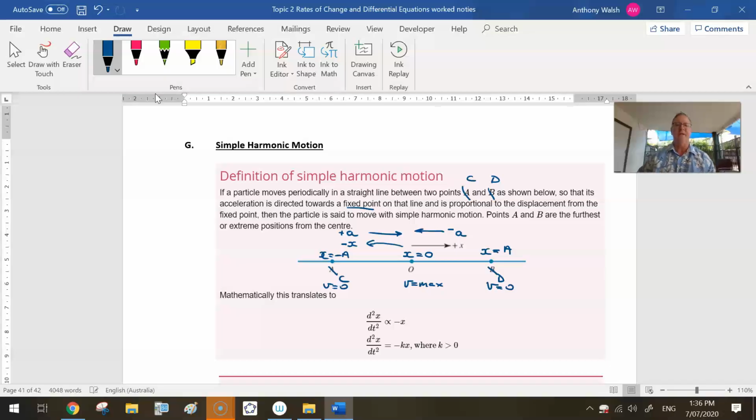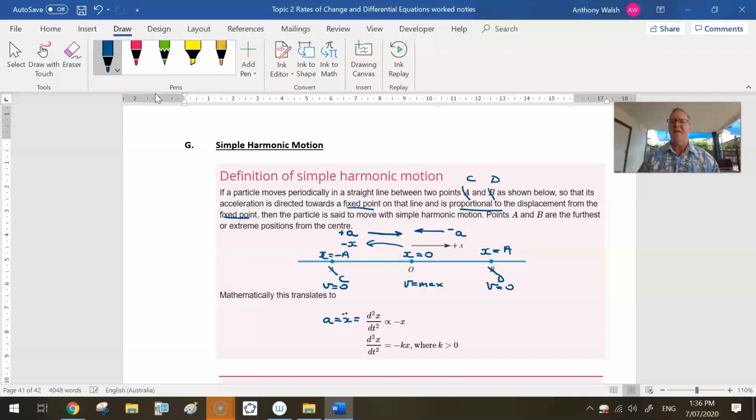Now, the other thing about simple harmonic motion, as it says, is that it is proportional to the displacement from the fixed point, i.e. the center. So we have d squared x dt squared, which we know is acceleration, or the second derivative of displacement, is proportional to negative x.